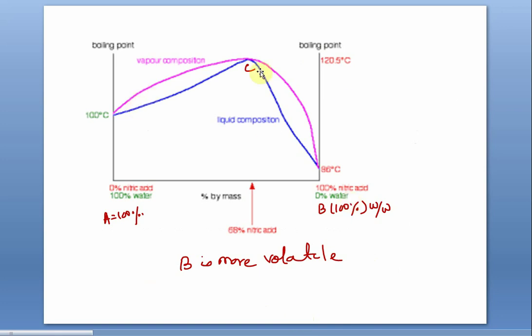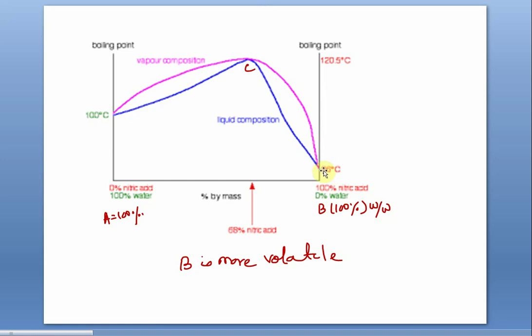Now, this is the graph. These two convex curves are pointing upwards. You know, this graph, the blue graph, is the boiling point graph of different compositions. This is the boiling point of, say, A, which is less volatile, and this is the boiling point of B, which is more volatile, say nitric acid, 86. This is 100, this is 80.